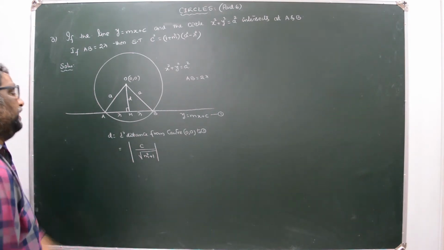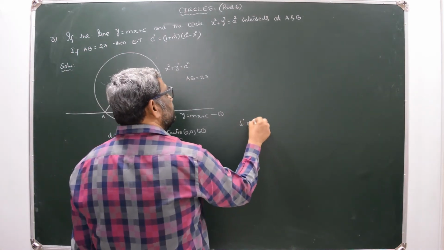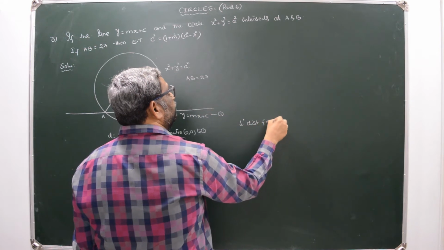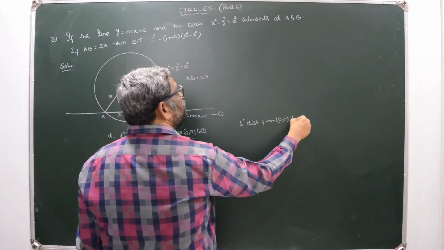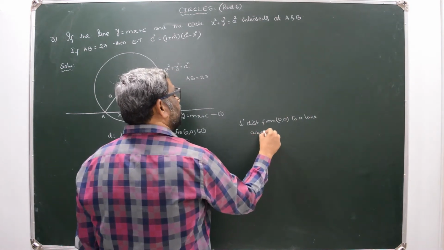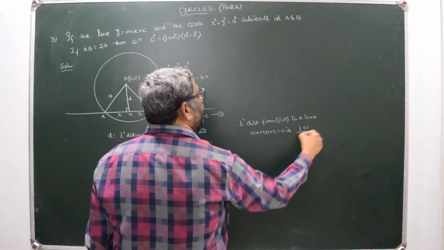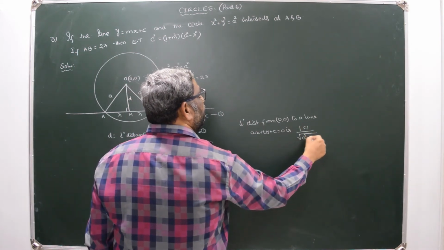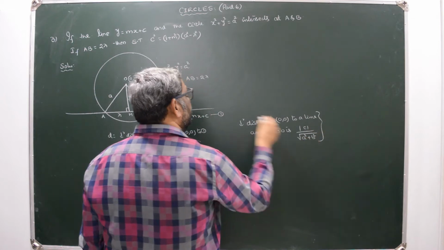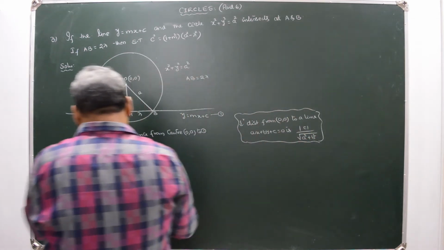Now I got this one. This is nothing but, by the formula, the perpendicular distance from the origin to a line ax plus by plus c is equal to 0 is mod c by root of a square plus b square. You can take this formula. From this formula I got this one.